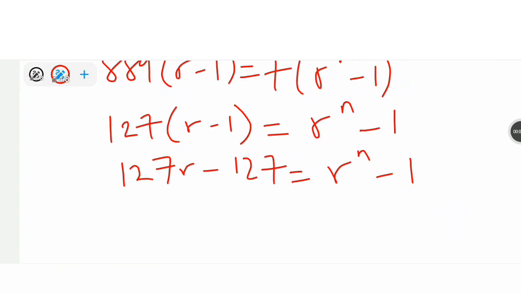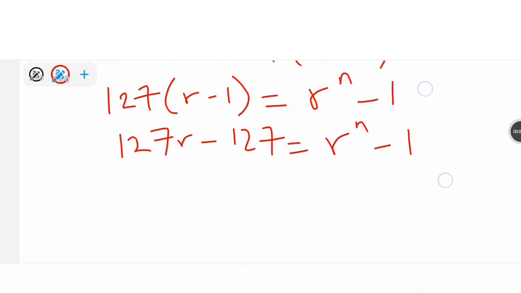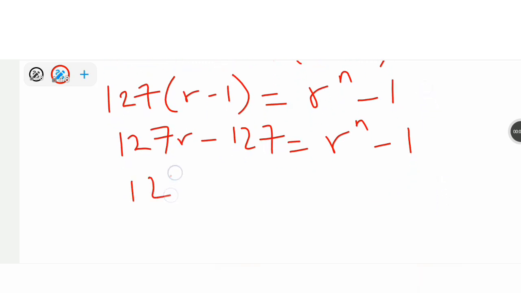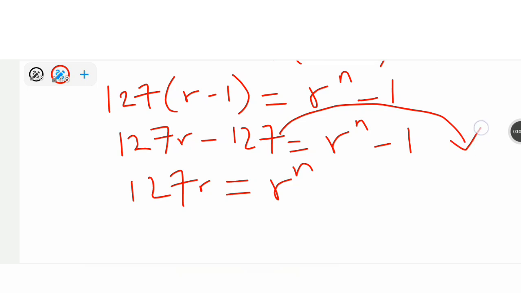From this stage, it looks as if there's not much you can do, but there's something you can do. Before you divide all through, take the like terms first. Bring this one to the side. So you have 127r equals r^n, and once this 127 gets here, it's going to be plus.